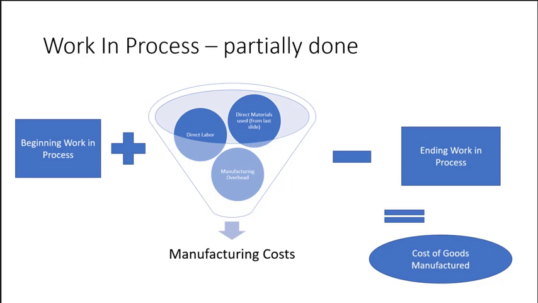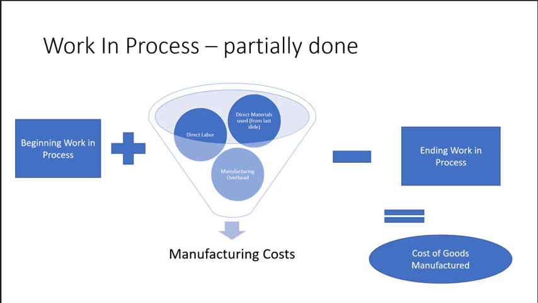So now we move to the second type of inventory. The first one was raw materials. This is our work in process. We start with what was in process at the beginning of the period, beginning work in process. We add in direct labor, overhead, and direct materials used from the last slide, the last formula. So we use what we ended up with in the last slide in this formula.